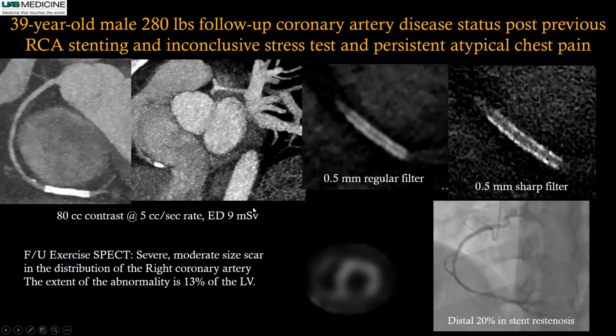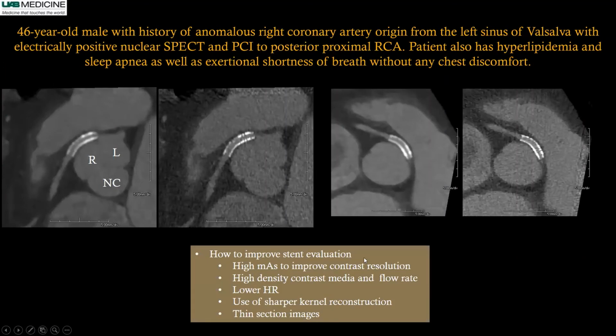So when you're looking at stents, there are various ways to improve stent visualization. Before doing the scan, you might want to use a higher mA. Of course, it will increase the radiation dose, but it will improve the contrast resolution so you can see the stent better. You may want to increase the contrast density, which is not usually applicable.